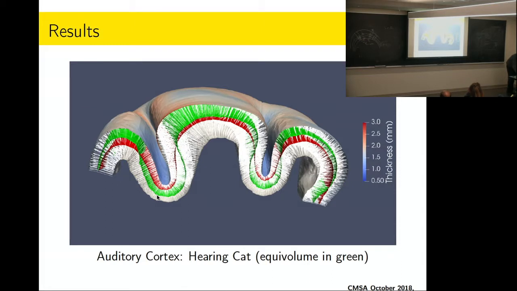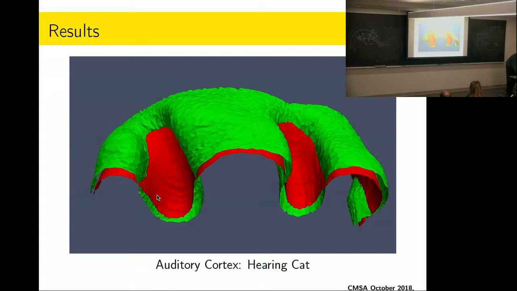The one that corresponds to the box hypothesis is the green surface, and again, they look like what people expect for cortical layers. If you don't have them, it's a reasonable way to guess where they are. Of course, you have to know what thickness you have to expect of the layers.